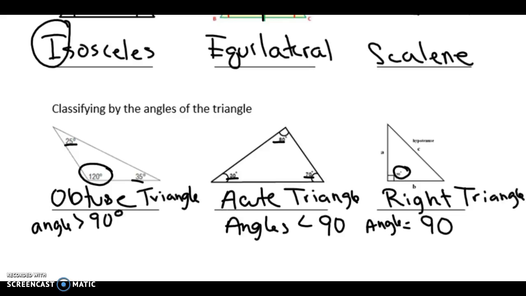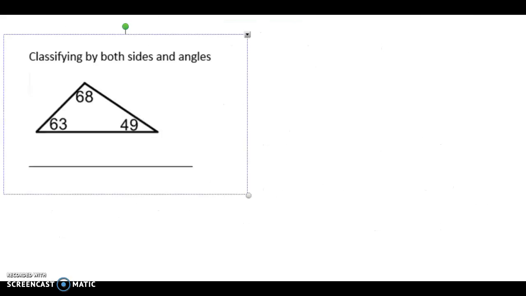Okay, this word here says hypotenuse. That's just the angled side of a triangle. Okay, that's not a word that we need to know at this point, but I just wanted to address it. Okay, moving on to the next part.